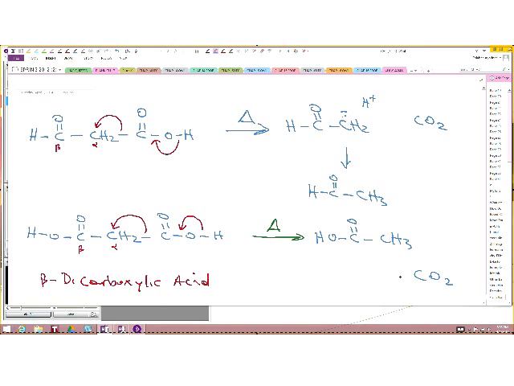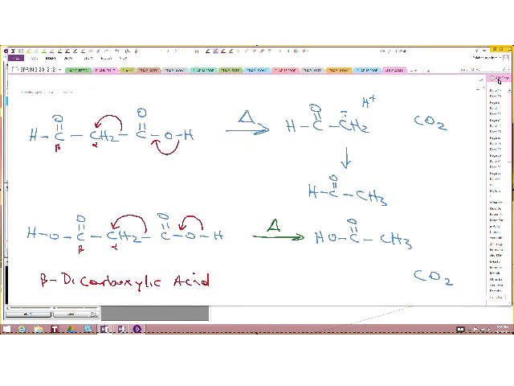Okay, now we've shown you how to make enolate anion. We've also shown you that if you have beta dicarboxylic acid and you apply heat, you only get monocarboxylic acid. Also, if you have beta ketocarboxylic acid, you apply heat, you only get the ketone. Now let us see how we use this in synthetic design.